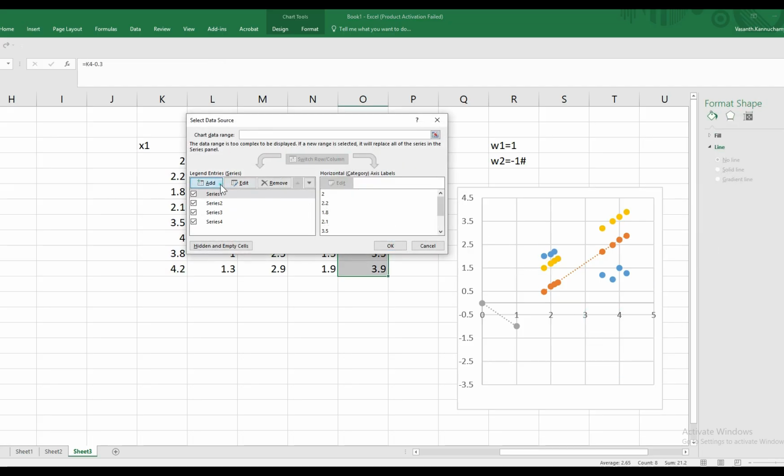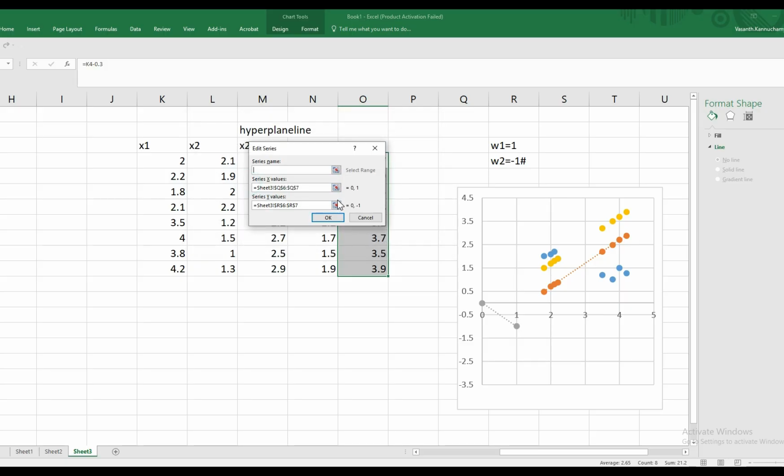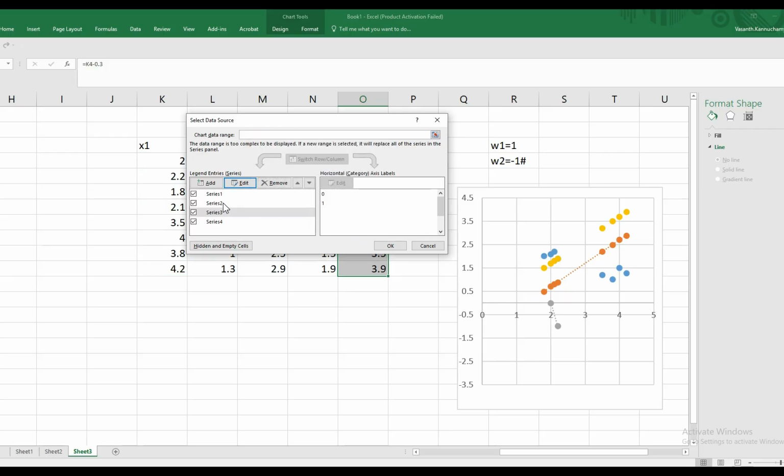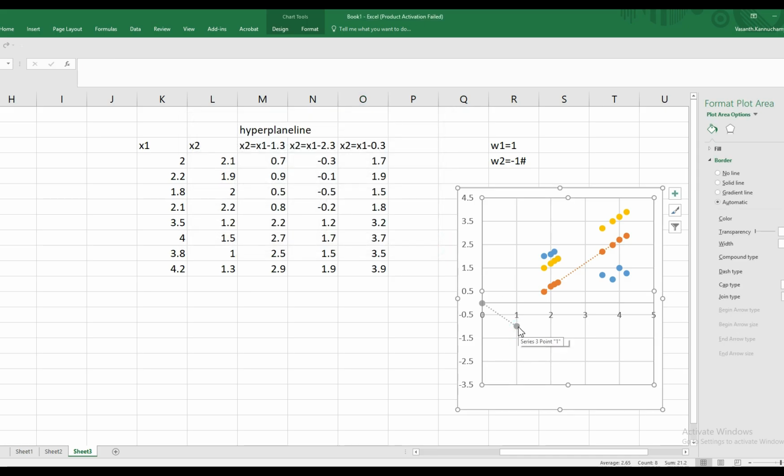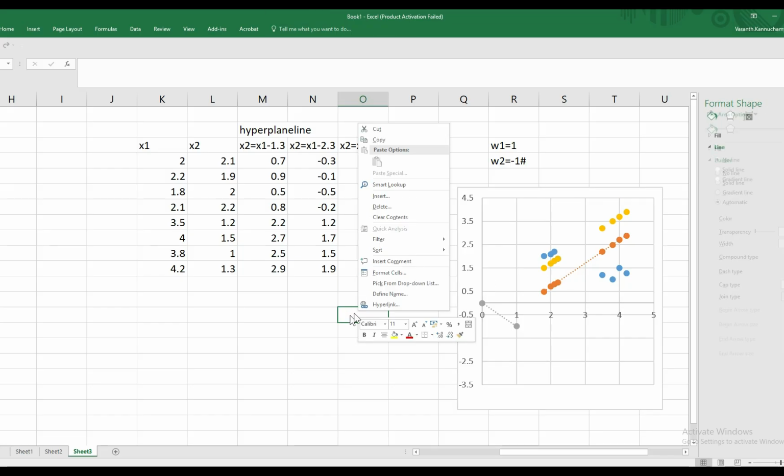Select data, add. So x is this one. This is series 2, series 3, series 4. I'm going to add one more.